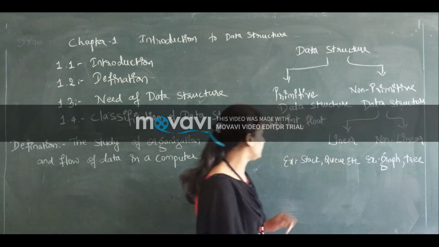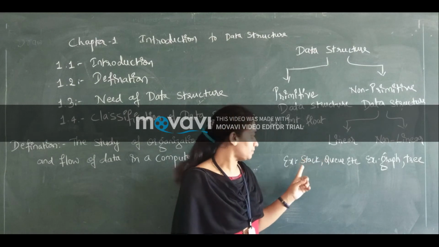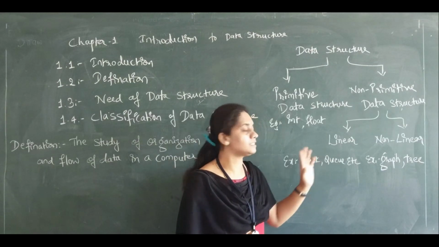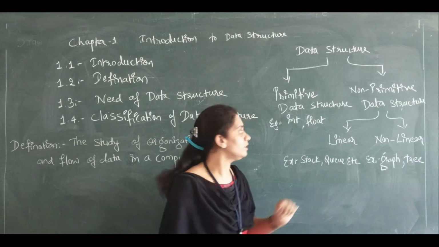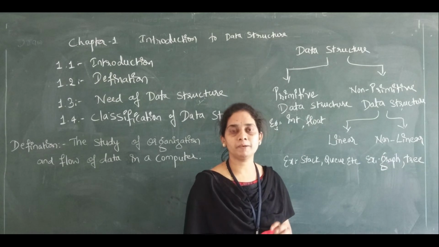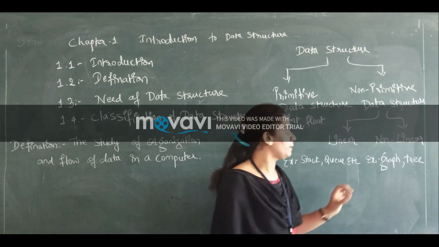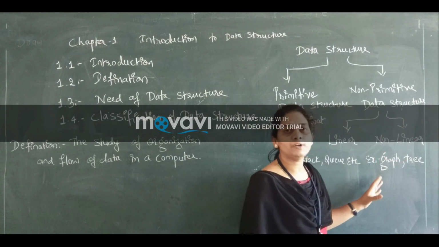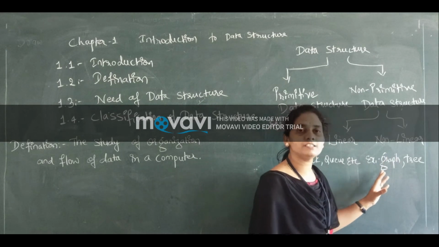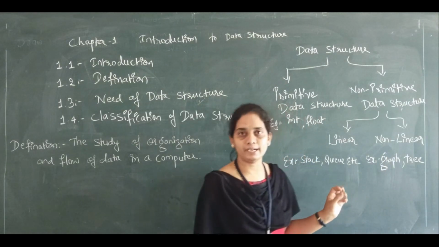In a real world example, people standing in a line will be considered a linear data structure. Whereas in the non-linear, a mob or a group of people standing in front of a shopping mall will be considered a non-linear data structure. Non-linear means they are arranged randomly.